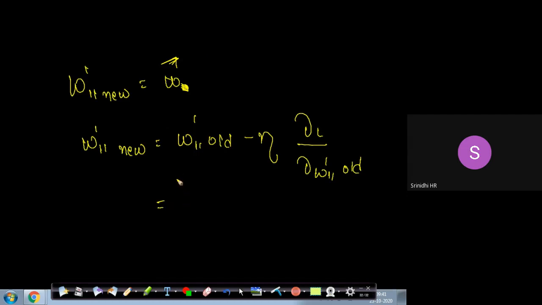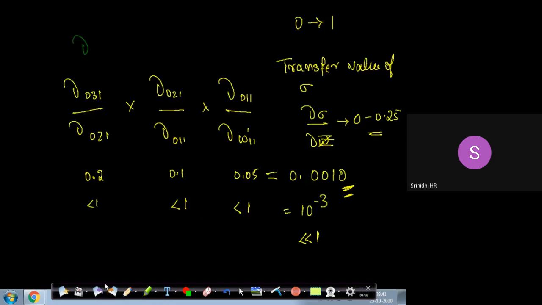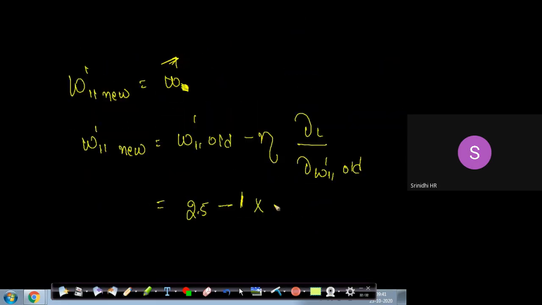Assume the old value is about 2.5, minus, let us say my learning rate is 1, into 0.001. Can anybody quickly let me know what the value of this is?